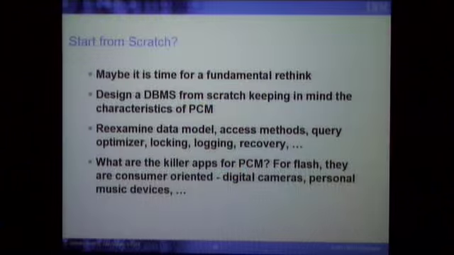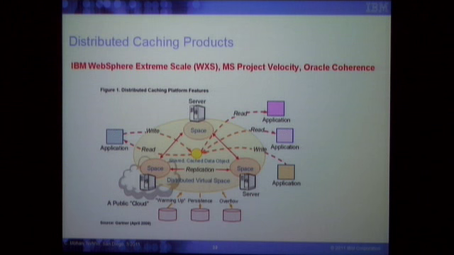I've mentioned some of this also, whether or not you should start from scratch and redesign a brand new DBMS. I'm almost there. So there's all this work that's gone on in the context of different products and such, especially in an application server environment where people have traditionally had caching being done in the application server environment, typically in-memory caching, and there'll be a back-end node where you will have traditional database systems persistently storing the data.